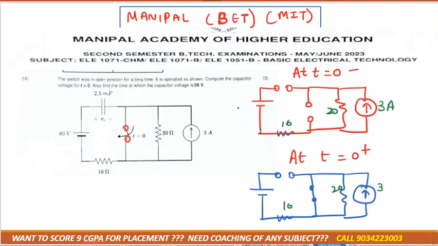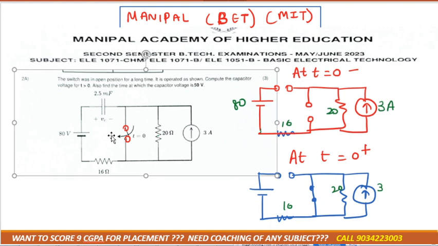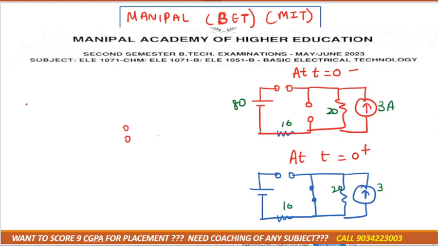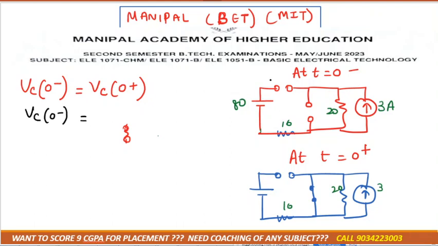As I already told you, Vc of 0 minus would be equal to Vc of 0 plus. So we always calculate at V at 0 minus. That is, voltage across capacitor at 0 minus would be equal to voltage across capacitor at 0 plus. Got it?